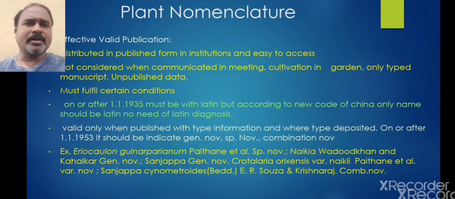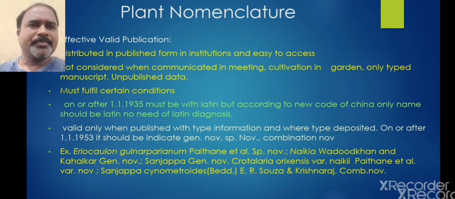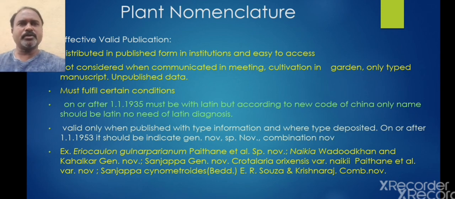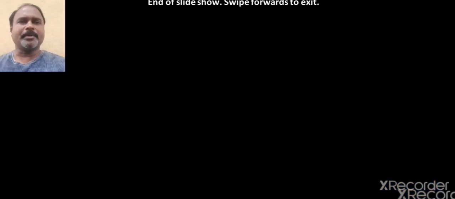Similarly, I have given here one species, Sanjappa cyanometroides (Bedd.) E.R. Souza and Krishnaraj, combination nova. It means that cyanometroides is transferred from another genus to the Sanjappa genus. And the Bedd., that is in brackets, is the old author. And the new author who published this new combination is E.R. Souza and Krishnaraj. So you have to follow these rules and regulations, otherwise it should not be treated as a valid publication.